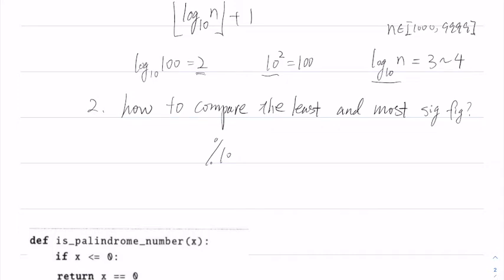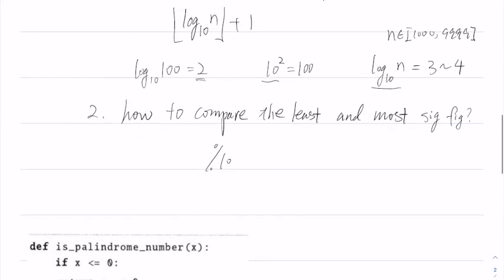And this time we're going to extract the most significant digit, and for that we're going to use integer division. So for example, say we have 2,300 and we want to extract the 2, then we have to divide by 1,000.